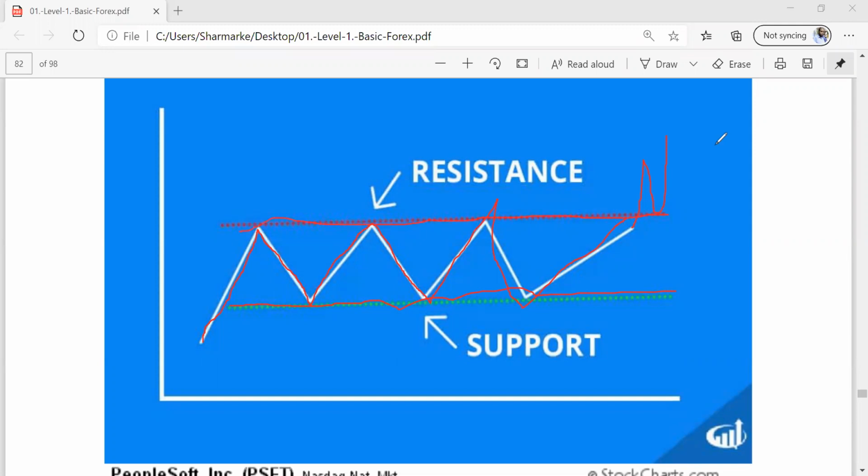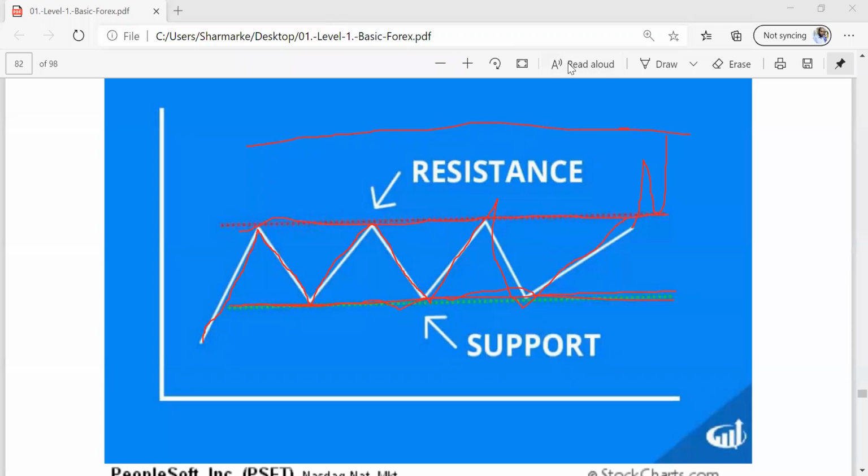And then there will be another resistance somewhere. So always, when a resistance is broken, it automatically changes into a support. If support is broken, then the resistance will move here and the support will go down. That's the way history moves in the market.